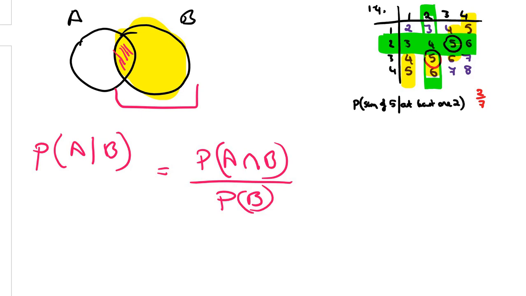To bring that back to our overall problem, the probability of A and B happening in this case, if we look at all our solutions, is the 2 that I've circled. That's the probability of A and B happening. And the probability of B happening, which was all of those that contained a 2, was a total of 7, because we didn't want to count it twice.